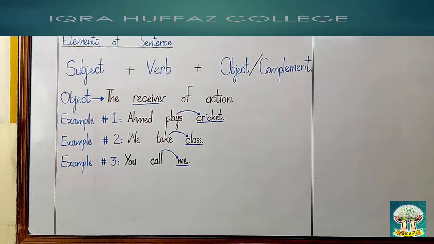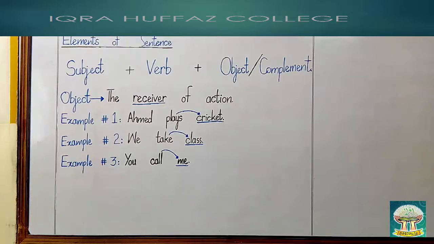Object is the receiver of action. It means somebody or something in a sentence that is affected by the action is called object. So any noun or pronoun in a sentence that receives an action of the verb is called object.